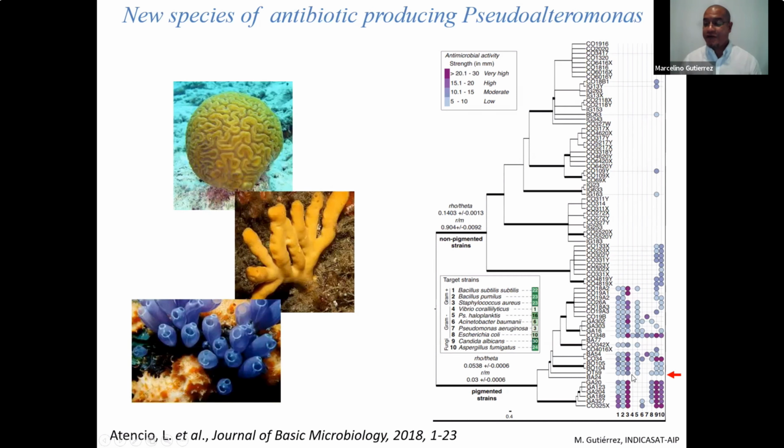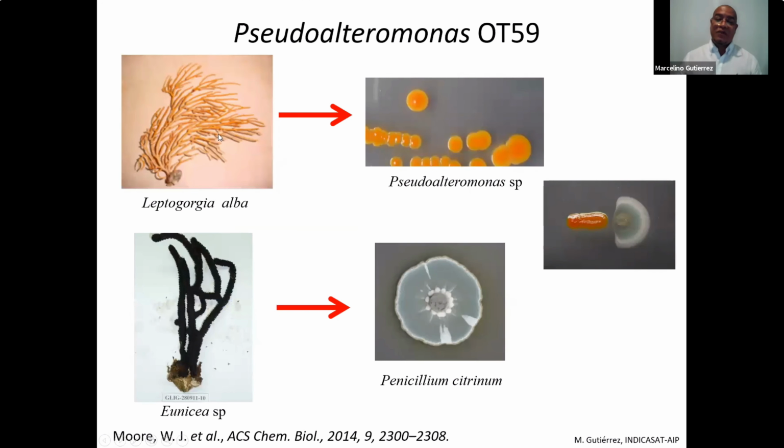So we decided to study one of these, OT59. We isolated the bacteria from Leptogorgia alba, an octocoral, and we found that these bacteria inhibit a fungus that was isolated from an ear coral.